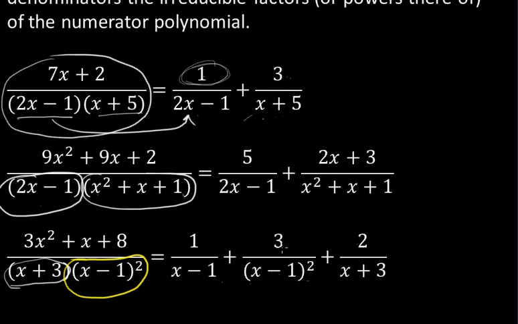And each will have degree 0 in the numerator. Even though, I know this is a little bit confusing, if we squared it out it would be a second degree, if the denominator comes from a linear factor, the numerator will be a constant.